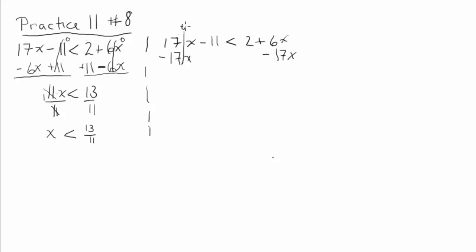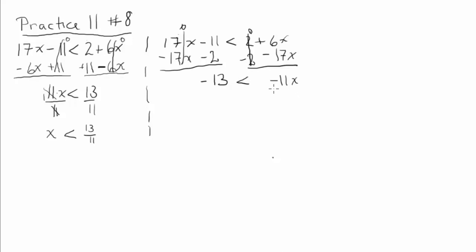That'll cancel this 17x on the left. And on the right, I will have negative 11x. Since now the x's are going on the right, I need to get rid of the constant on the right, so the constants will be on the left. So I'm going to subtract 2. So that'll become 0. And I get negative 13 on the left.